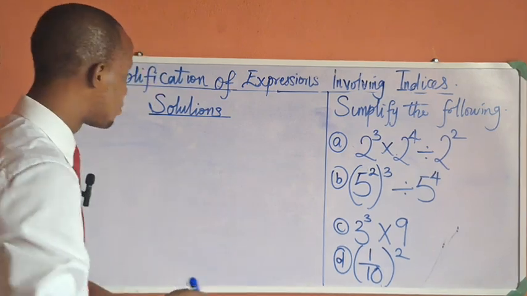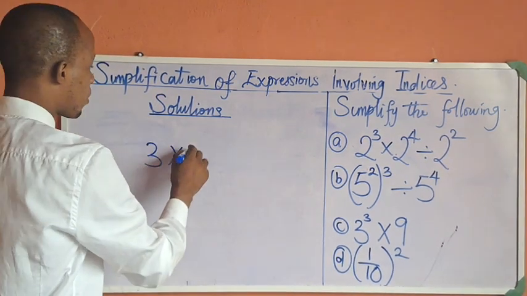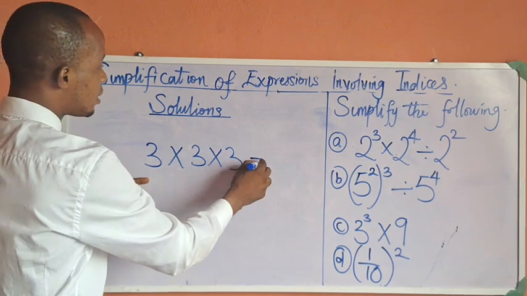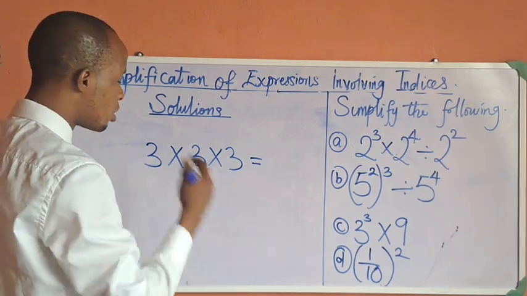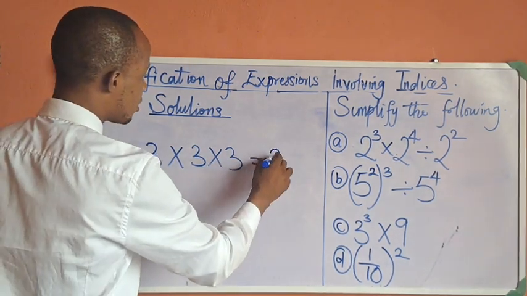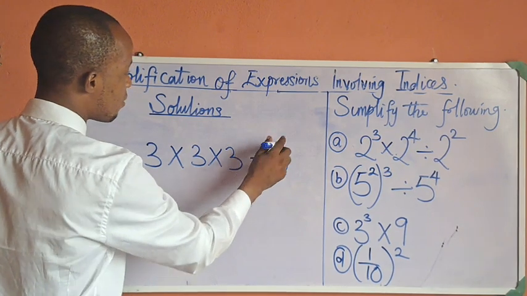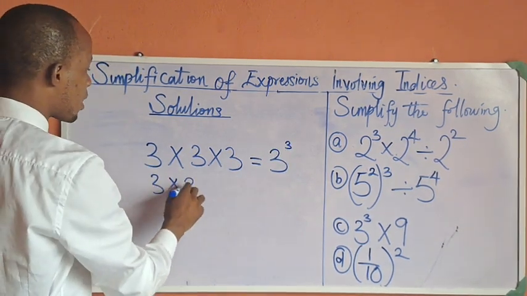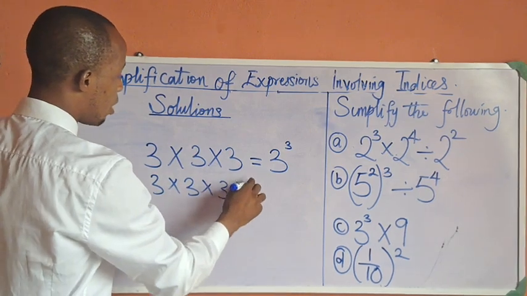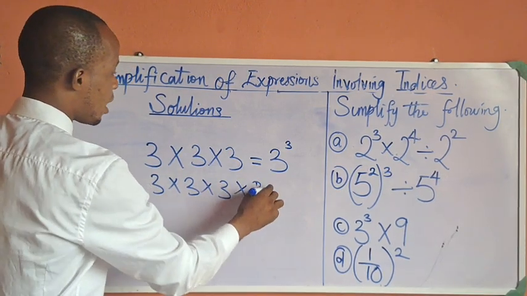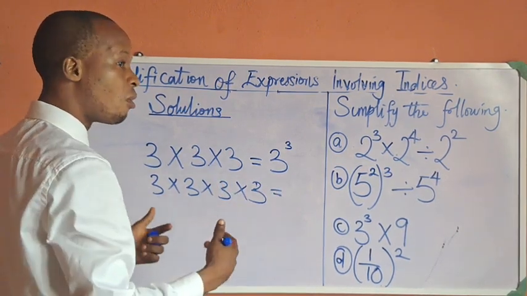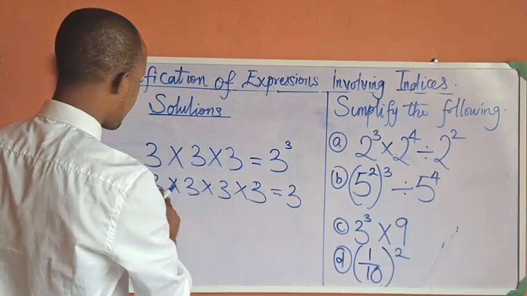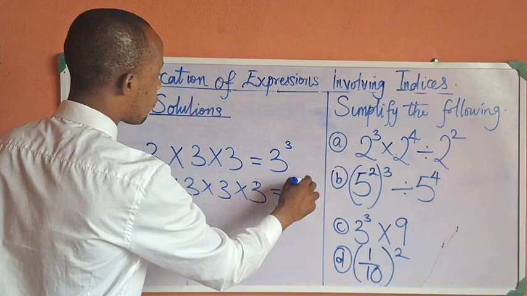Take for instance, 3 can be multiplied by itself 3 times. And in index form, we can put it this way, that 3 is multiplied by itself 3 times. At the same time, 3 can be multiplied by itself 4 times, and we can put it in the form of index, that 3 is multiplied by itself 1, 2, 3, 4, 4 times.